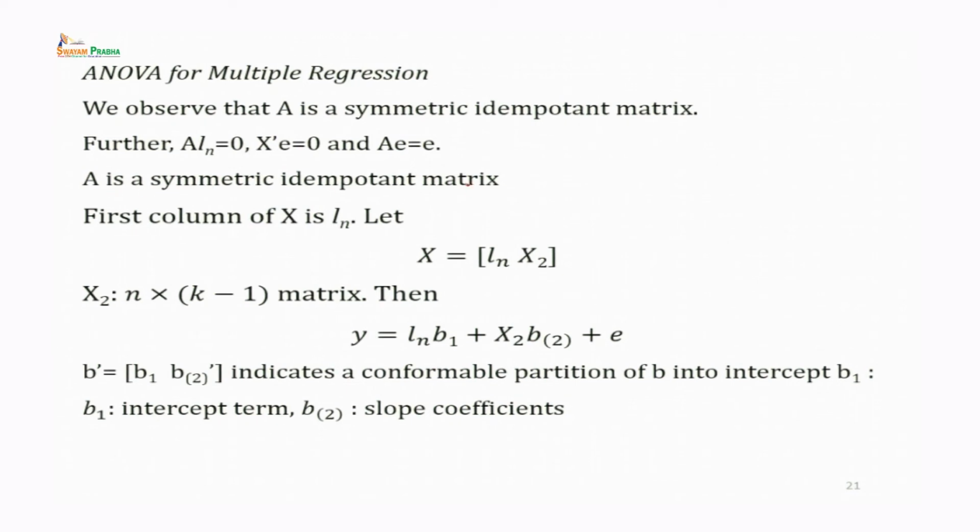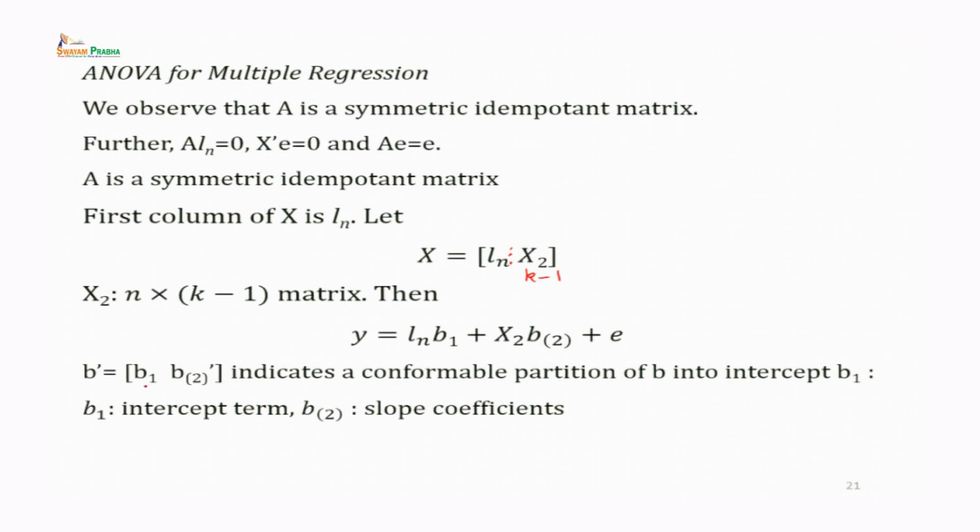A is a symmetric idempotent matrix, and the first column of X is corresponding to the intercept term. So, it has all elements equal to 1. So, we partition matrix X into this first column and the remaining k minus 1 columns. So, X 2 is an n cross k minus 1 matrix, and then you can write y equal to Ln b 1 plus X 2 b 2 plus e, where actually we have partitioned B also.